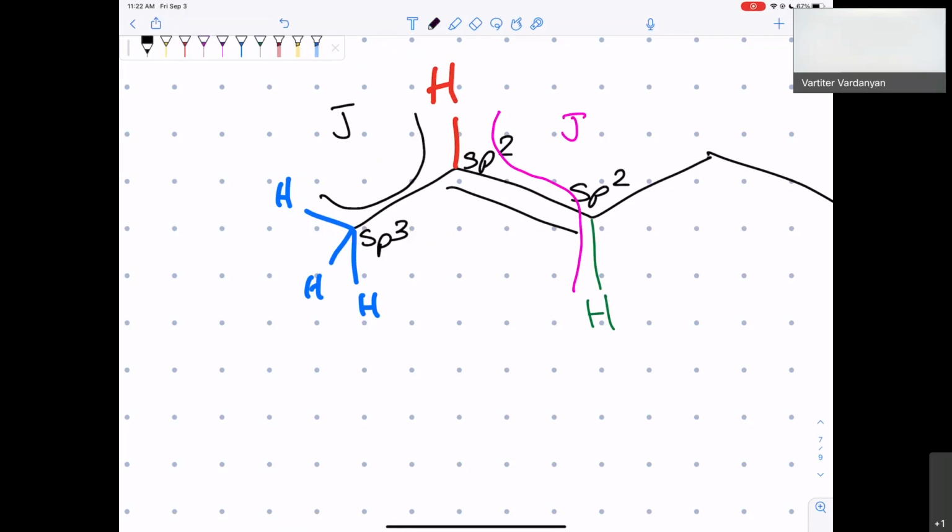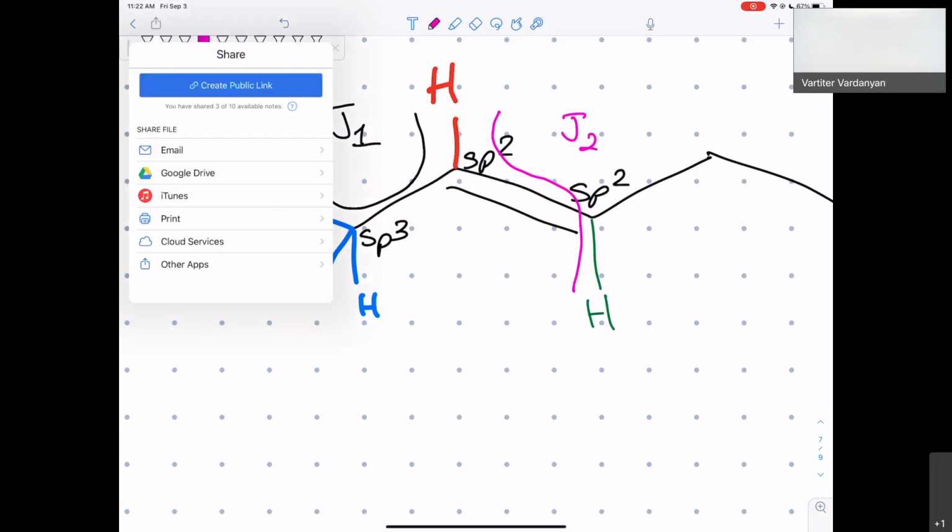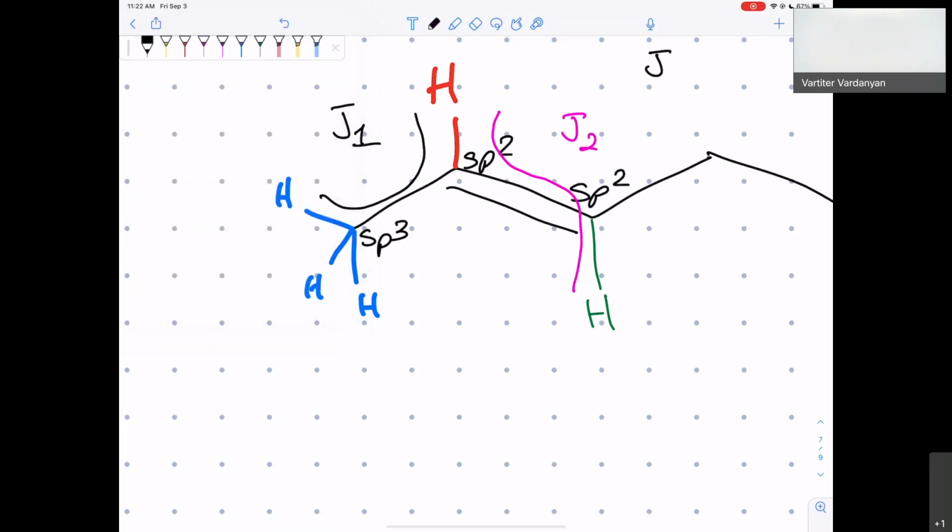So I'll say J1 does not equal J2. I am going to make up J values for the purposes of making a tree for you guys, so these are not the exact J values.